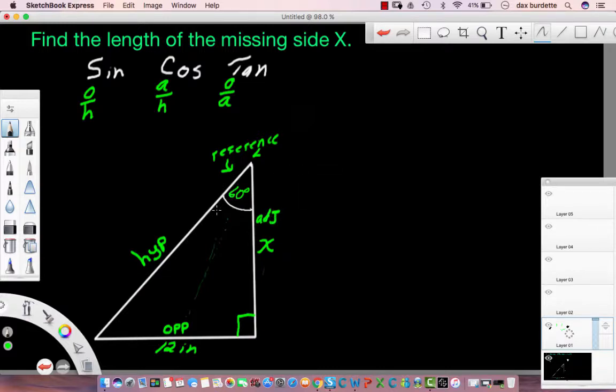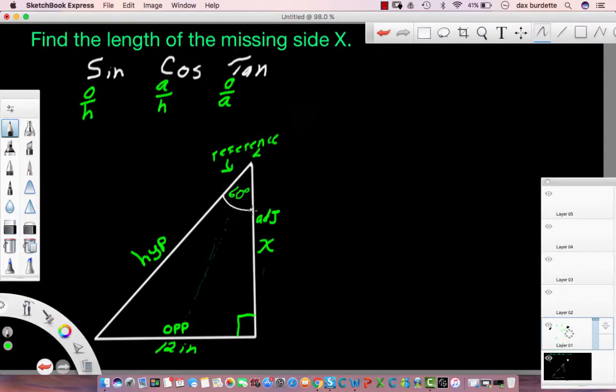Okay, now that we have identified what meaning our 3 different sides are taking on in this right triangle, we can begin to think about which of these trigonometric functions out of all 3 of them we are going to use. Well, this is asking us to find the missing side length, x, so of course it's going to play a part.